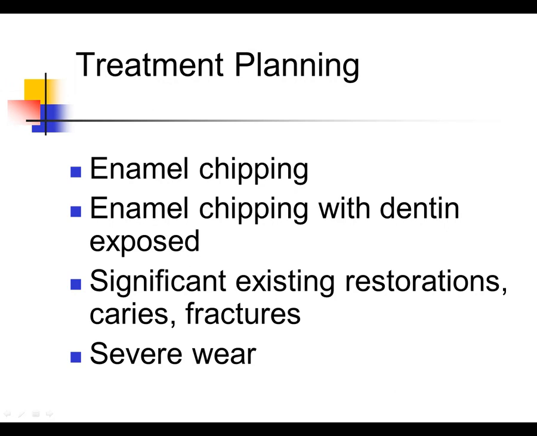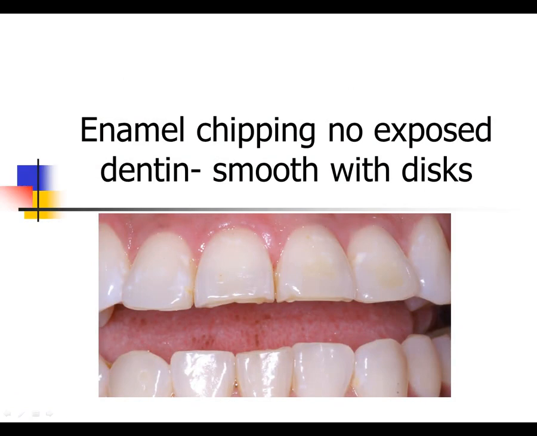And so when you're treatment planning, how do you handle enamel chipping? Enamel chipping with dentin exposed, or significant existing restorations with caries and fractures, or severe wear? Well, for me, when treatment planning, when it's enamel chipping with no exposed dentin or very little exposed dentin, I can smooth it and polish it with discs and rubber abrasives.